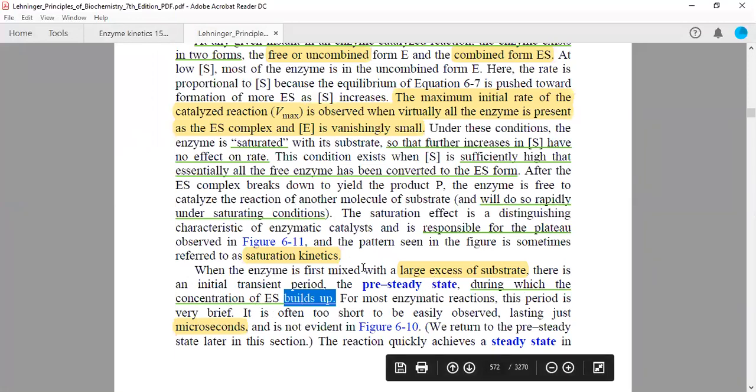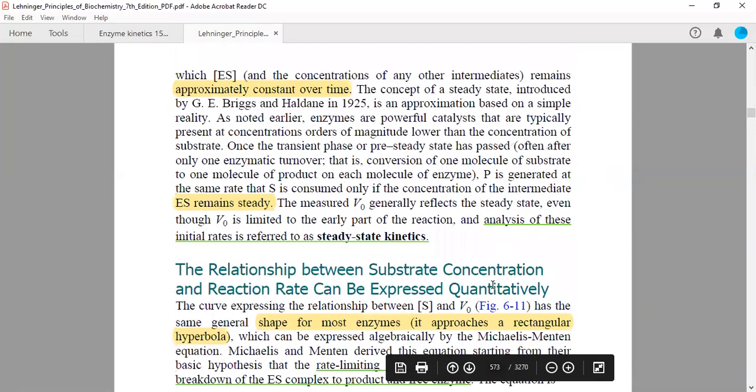This pre-steady state period is very brief in the overall time of the reaction, and is often too short to be easily observed. It will last for microseconds. The reaction quickly achieves a steady state after this microsecond period of time. Then the enzyme substrate complex concentration will remain approximately constant over the time of the reaction.